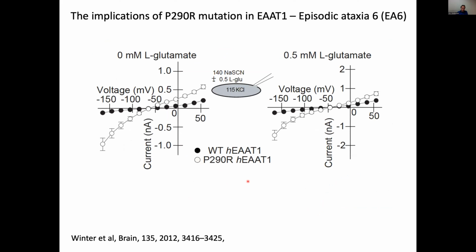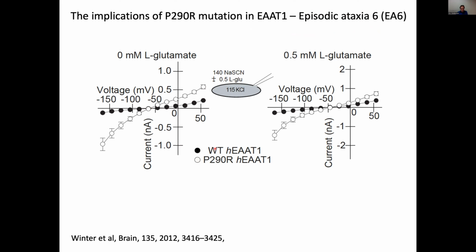Now that we can measure this, let's go to a mutation. There are several mutations that have been found in mammalian glutamate transporters that affect the chloride conductance. One of them is a mutation in EAAT1, a proline to arginine mutation, which leads to episodic ataxia, a hereditary disease.